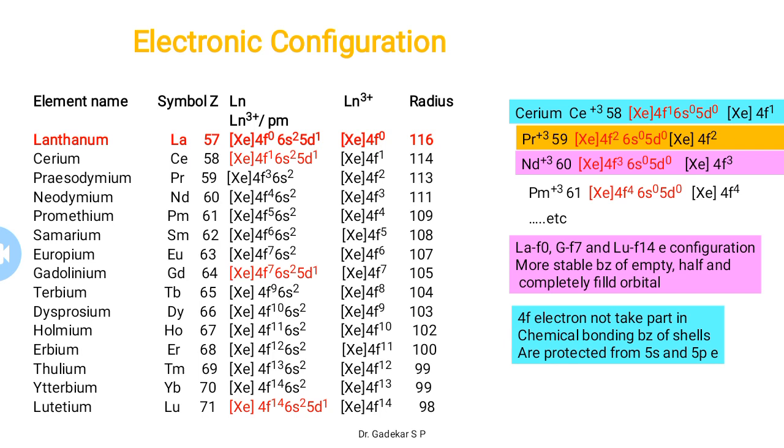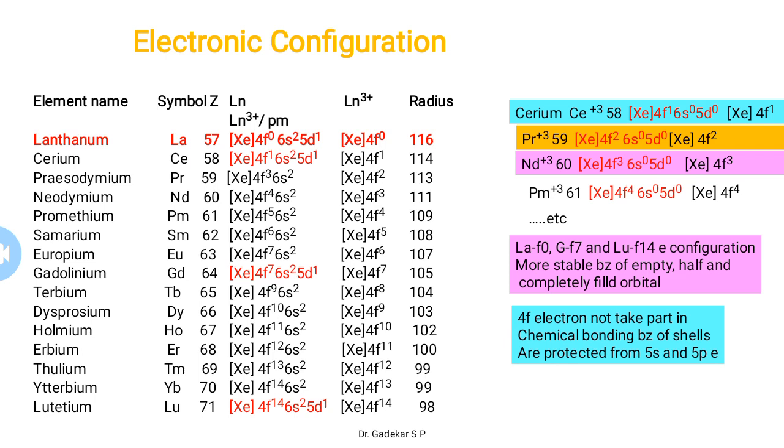Similarly, gadolinium 3+ has 7 electrons in the f orbital, so it is stable, half filled.